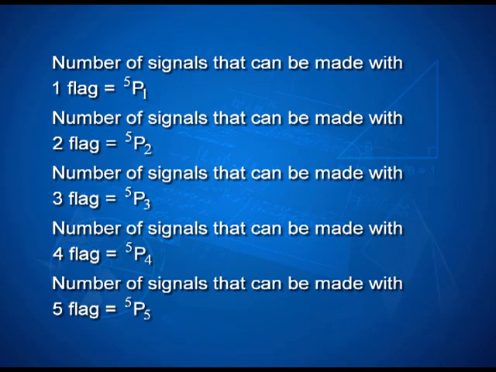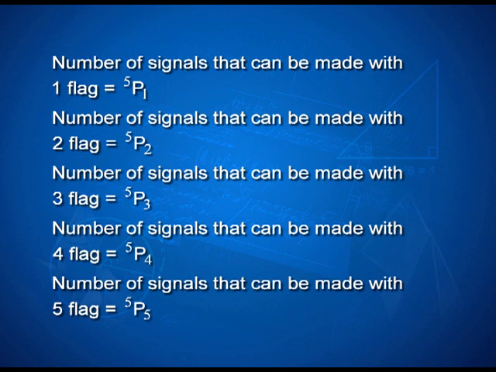But the total number of signals would be the sum of all these possibilities, because we are making a signal either with 1 flag or 2 or 3 or 4 or 5. So, there is an addition theorem that is now getting involved here. These ways are not to be multiplied.